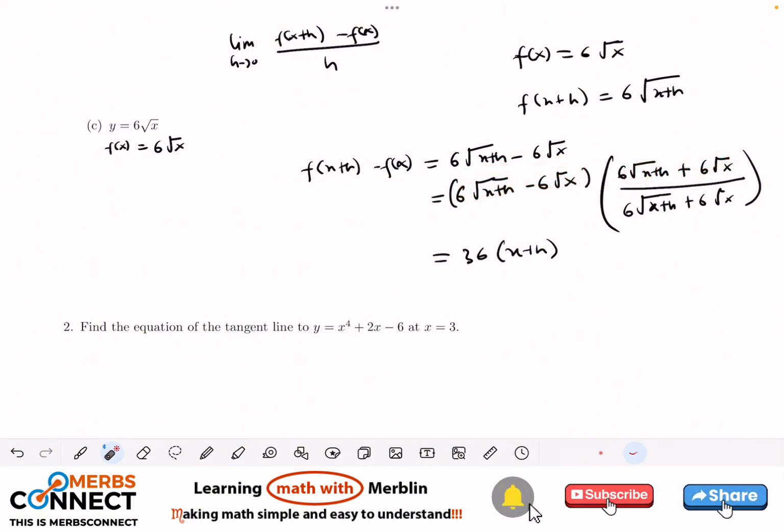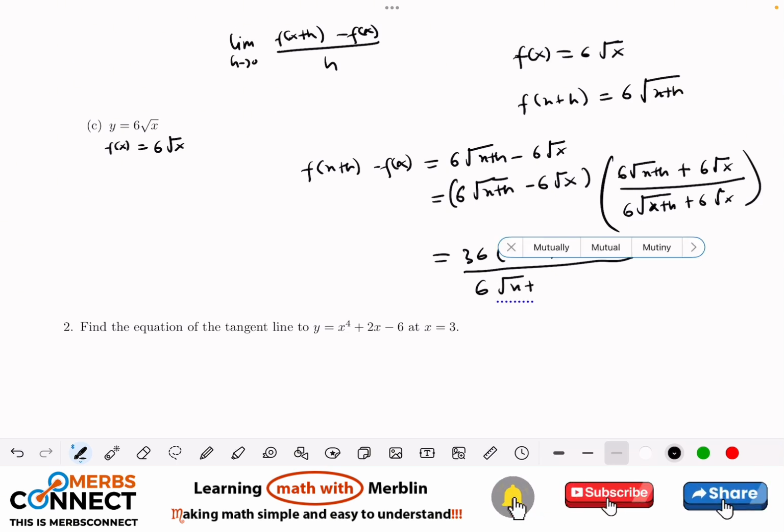So I'm just going to multiply this by this. So I'm going to have minus 36, then root x times root x is x, divided by 6 root of x plus h, good, plus 6 root of x.